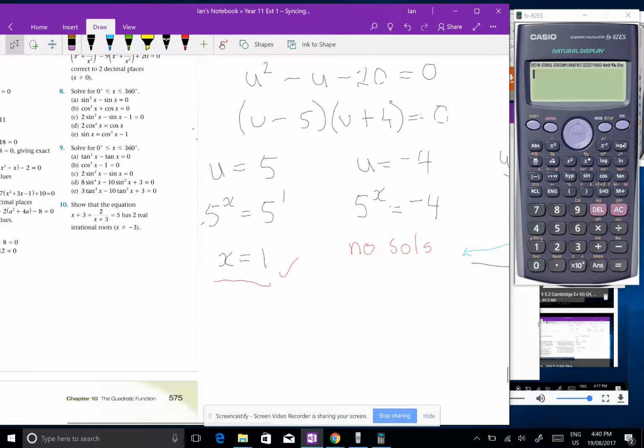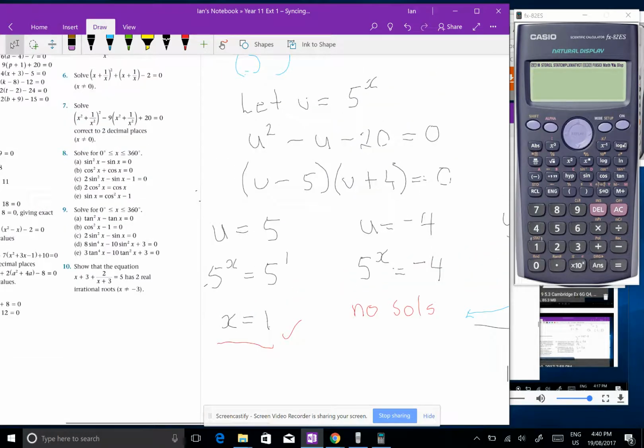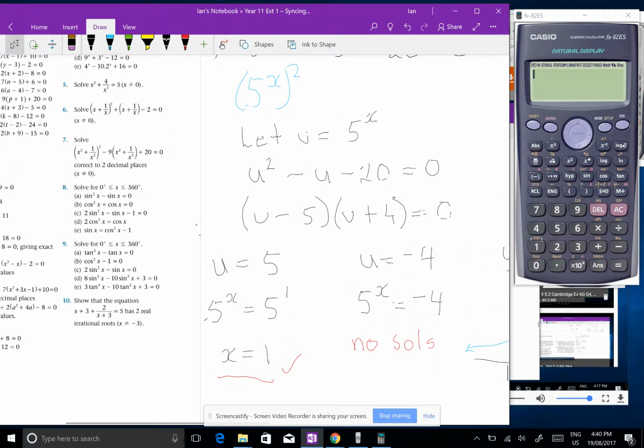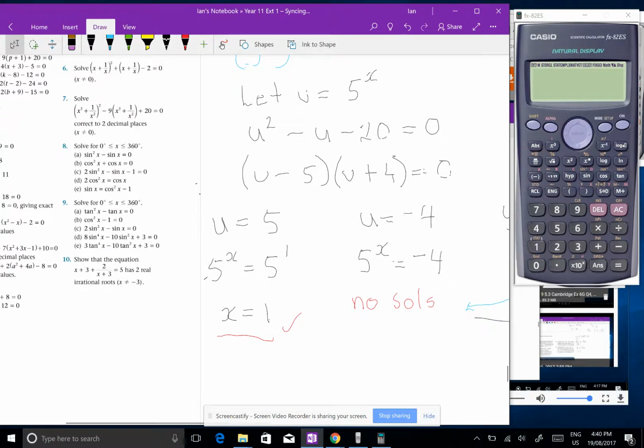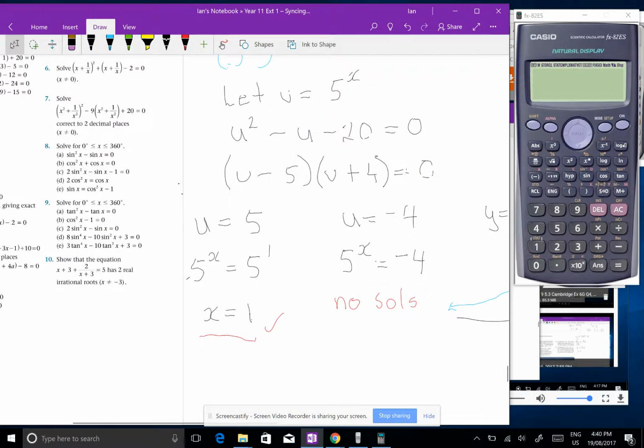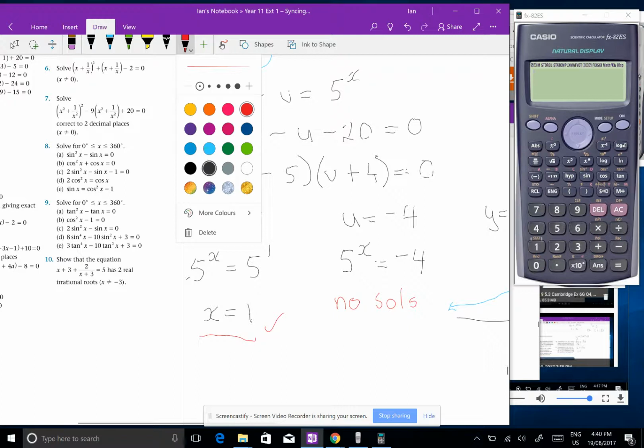Let's have a look now at question 6. And if we look at question 6, what have we got? Again, it's a quadratic.